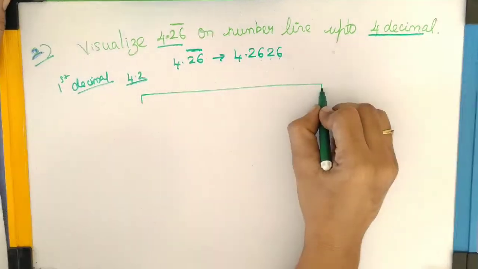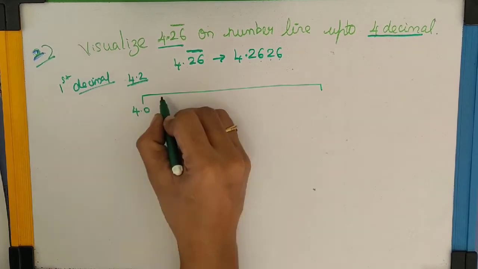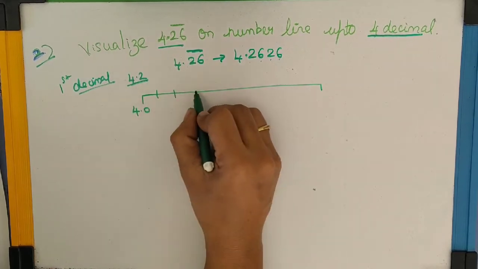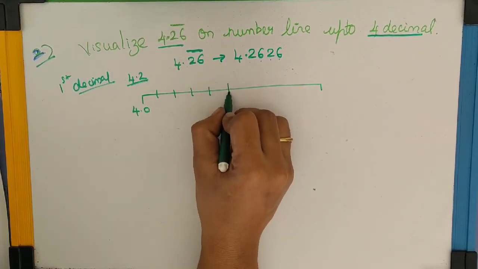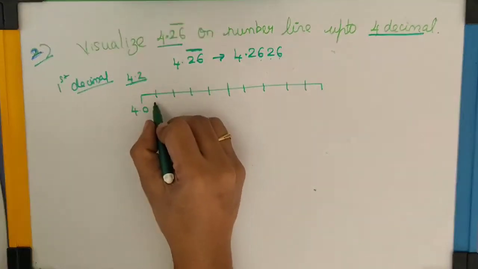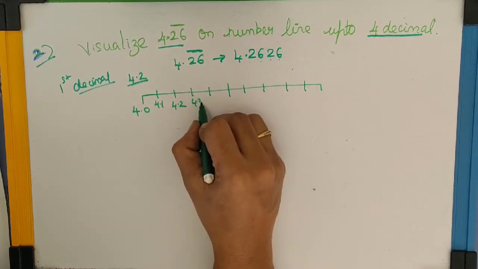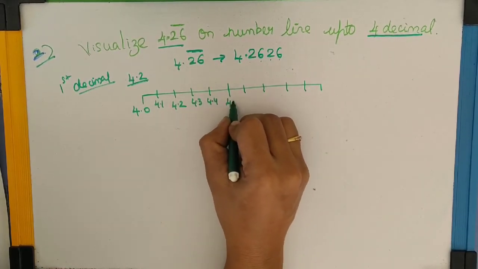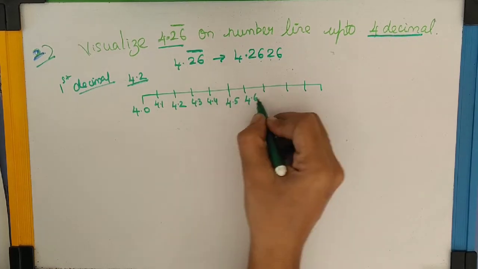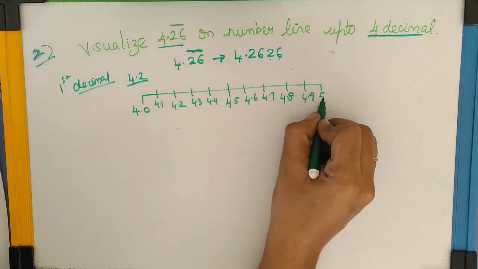So, what should be the number line? It should be 4.1, 4.2, 4.3, 4.4, 4.5, 4.6, 4.7, 4.8, 4.9 and 5.